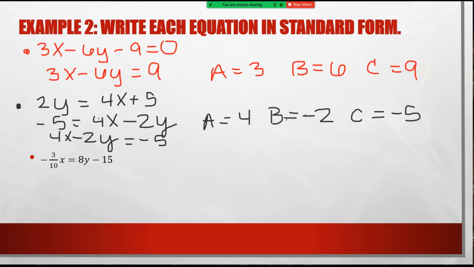And then in the last example, what we need to do is multiply everything by -10. So you have 3x equals -80y plus 150.